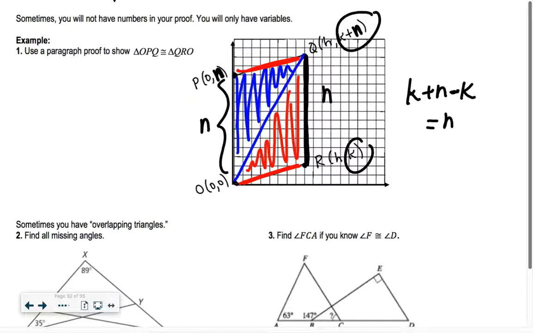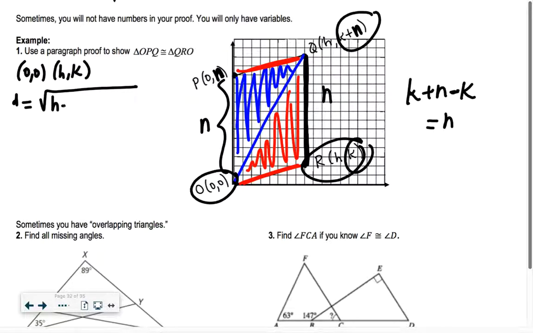So if I wanted the distance formula between 0, 0 and H, K, it's going to be hard, but it's going to look like this. It's going to look like H minus 0 squared plus K minus 0 squared, which gives me H squared plus K squared. I can leave it like that.